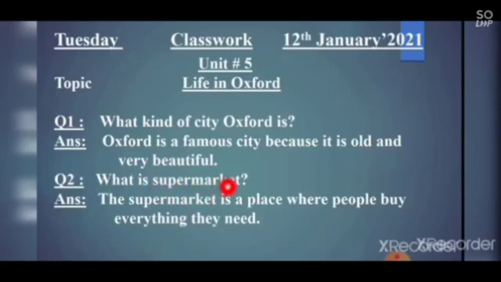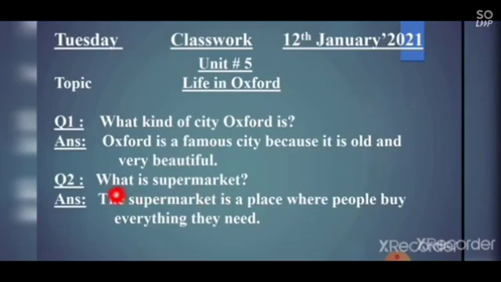Then again give some space, then write is, then space, then write here a, then place, then again space, where, people, buy, everything, then again give some space, they, then space, then write need, and then put full stop.